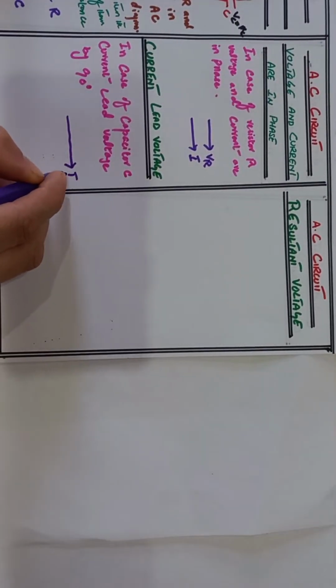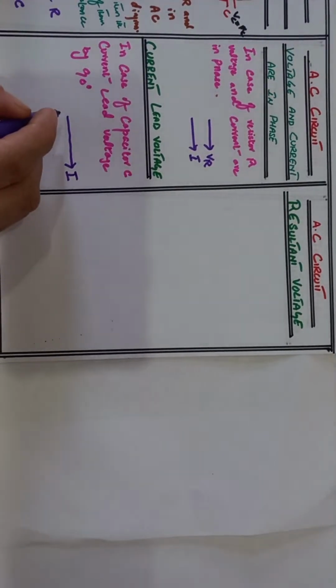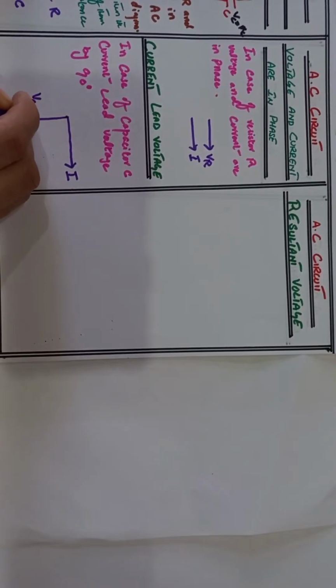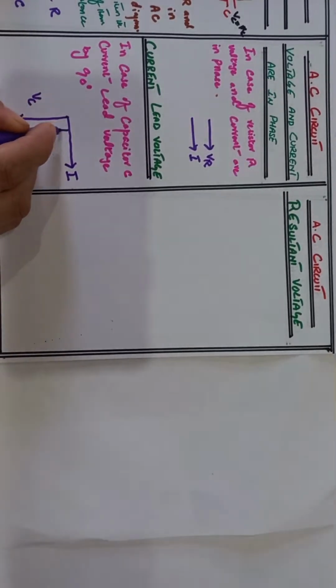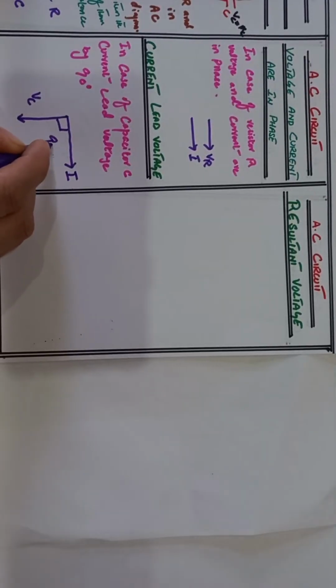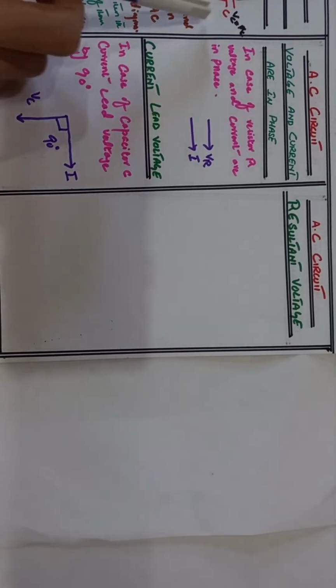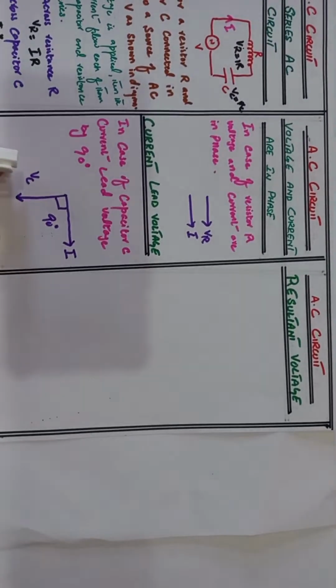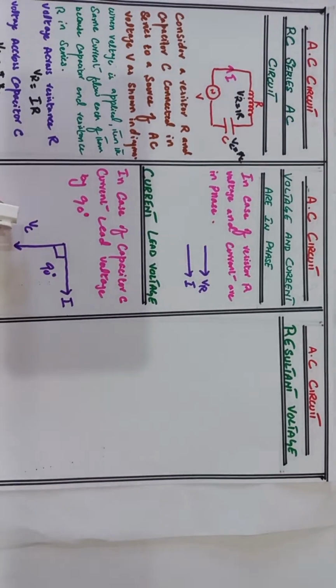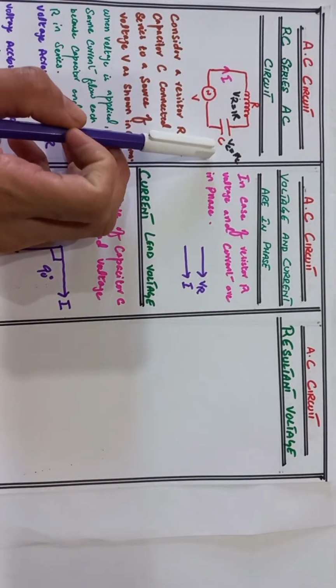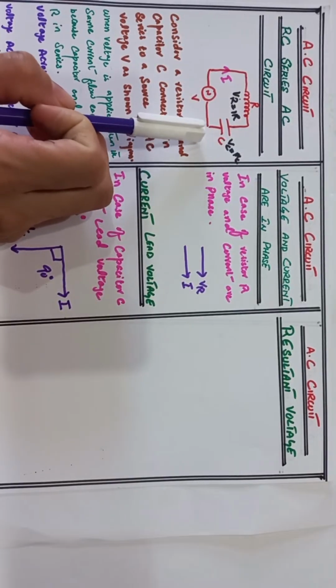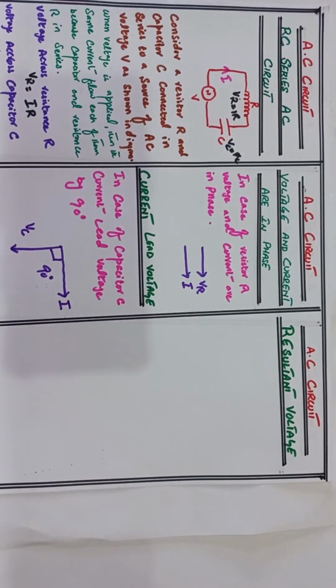This is the phasor of the current and here we draw the phasor of the voltage across the capacitor C. It shows that the current leads the voltage by 90 degrees. In the last lecture we discussed that whenever the current passes through the inductor, the current always lags behind the voltage. But in the case of capacitor, current always leads the voltage by 90 degrees. Now we calculate its resultant by phasor diagram.